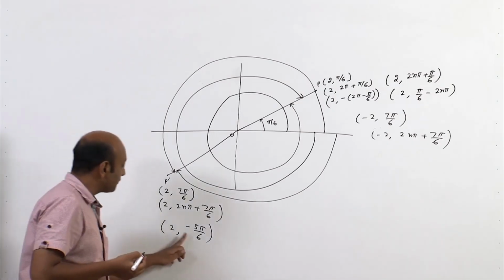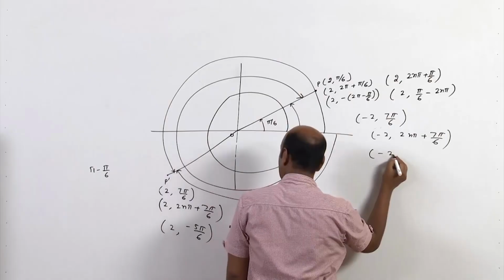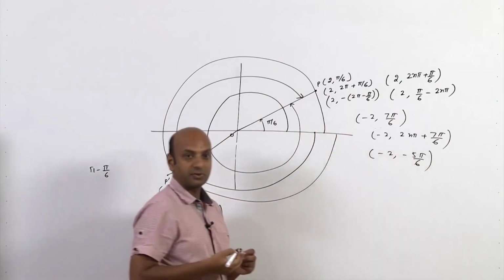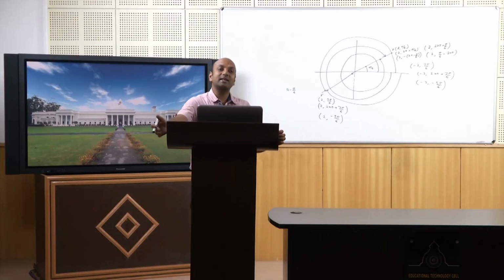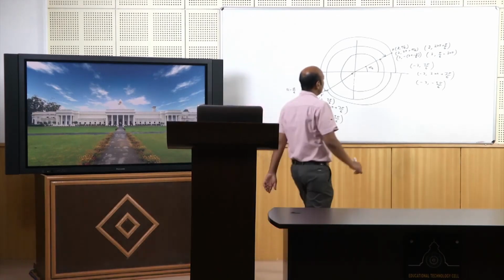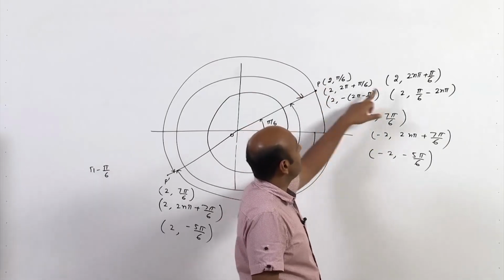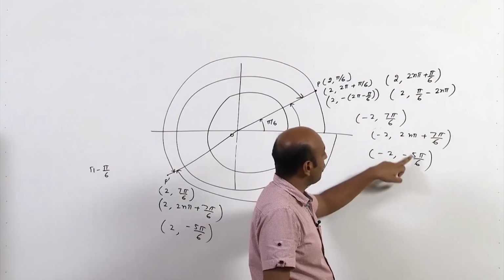And the representation of this point will be simply minus 2 comma minus 5 pi by 6. Okay. So, these are all representations of the same point P. The same point P when r is 2 and the same point P when r is minus 2. When r is 2, it may be this or this. When r is minus 2, it may be this or this.